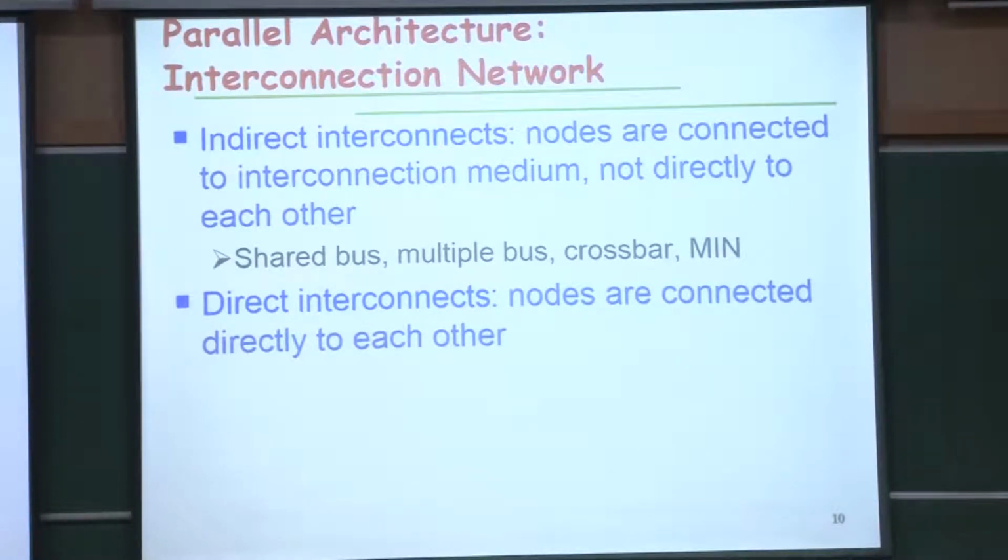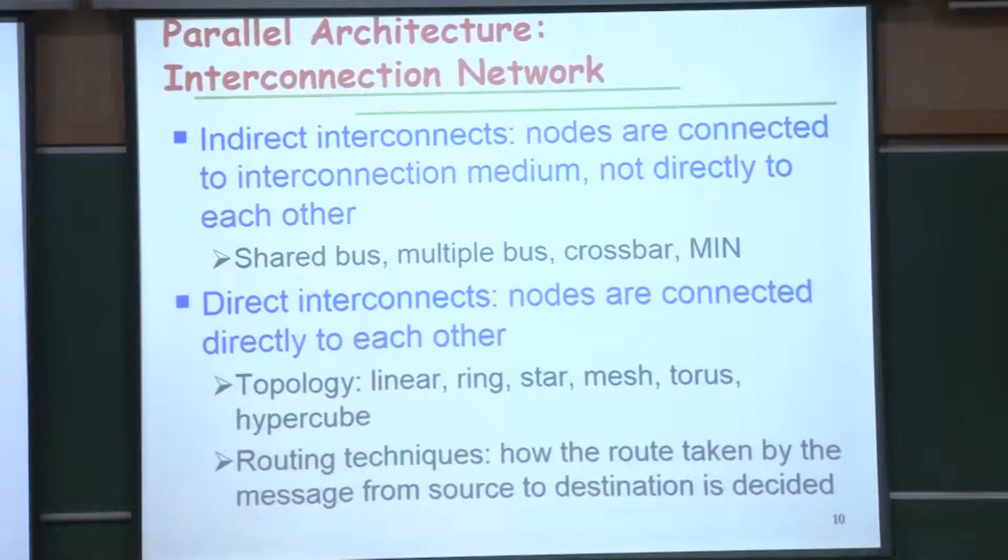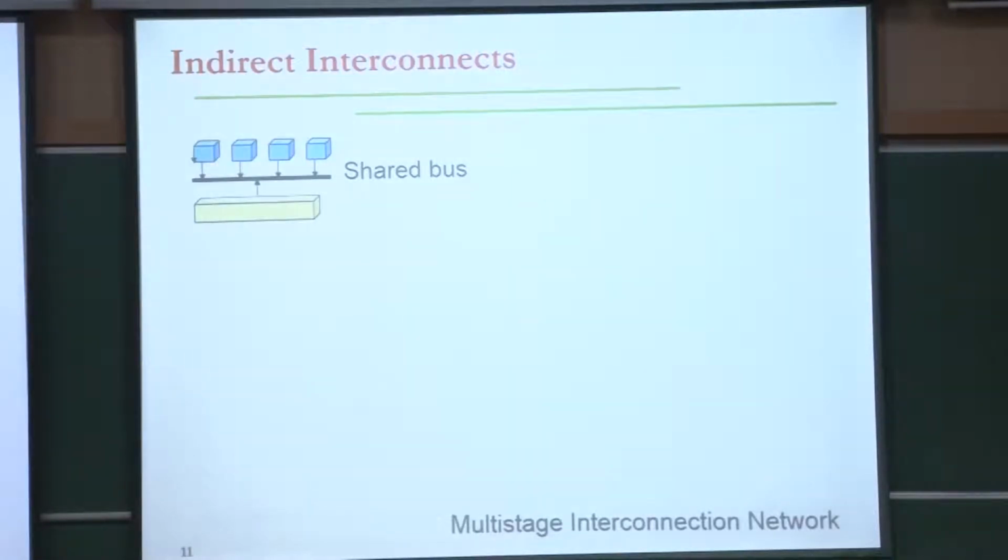Whereas, if I connect the nodes or processors and memory directly, using a network topology like any one of these topologies, I will show you examples of each in the next slide, that becomes a direct network. In the case of a direct network, you need to have some kind of a routing technique to route the messages.